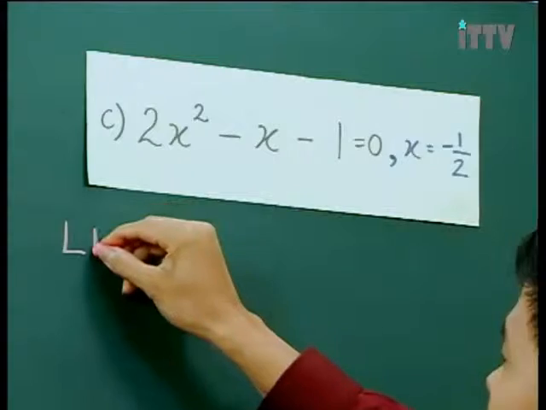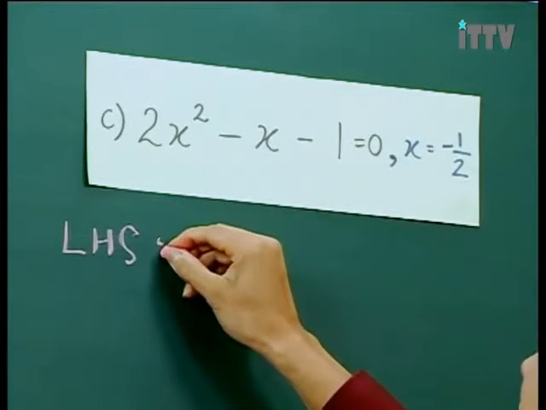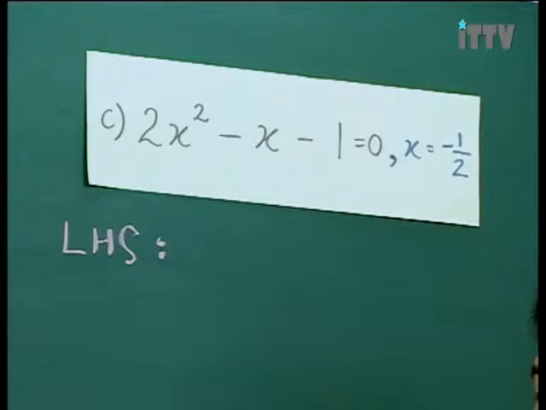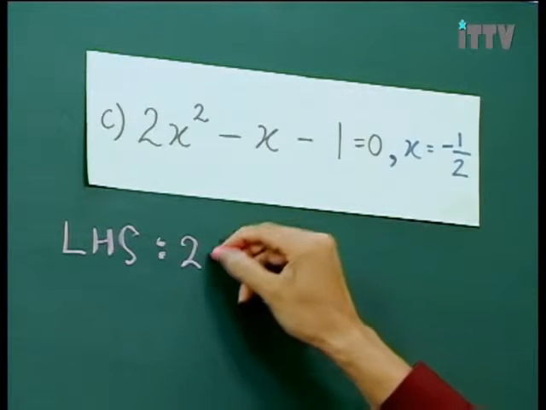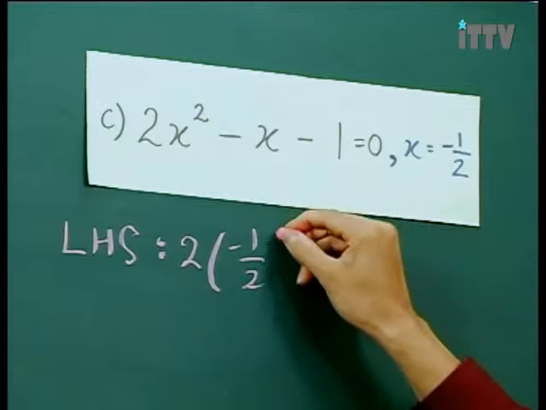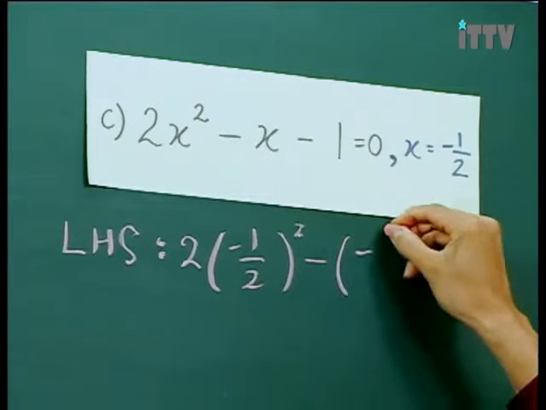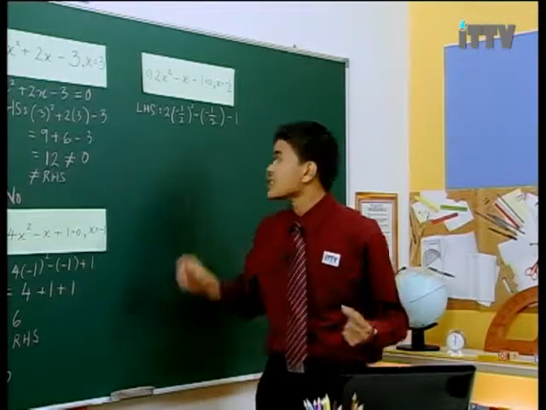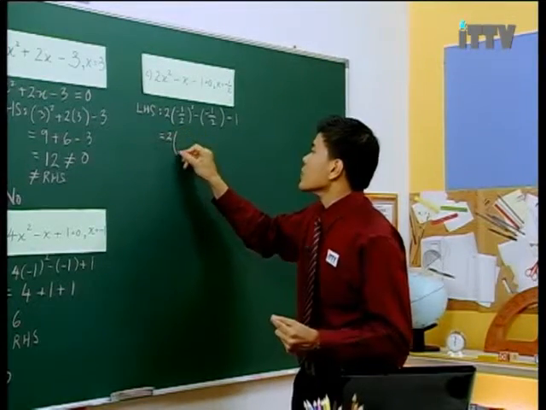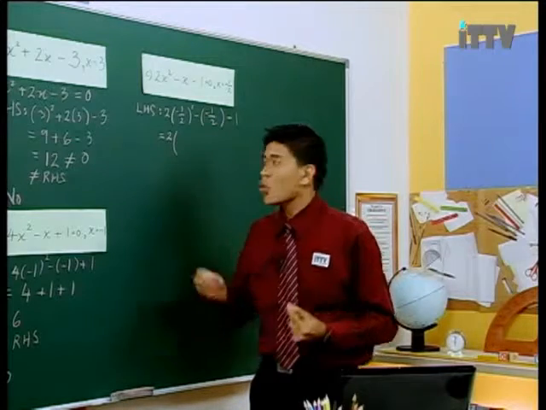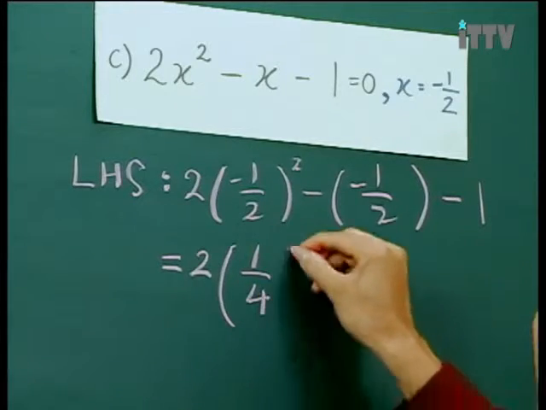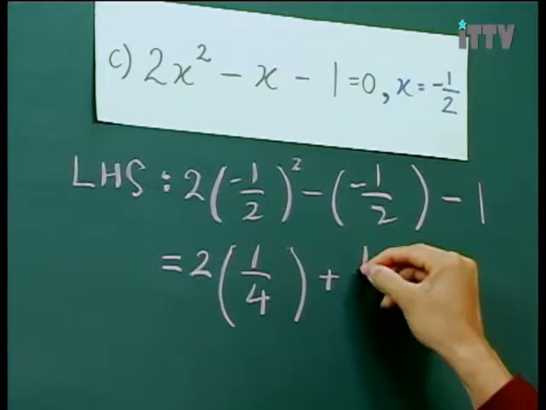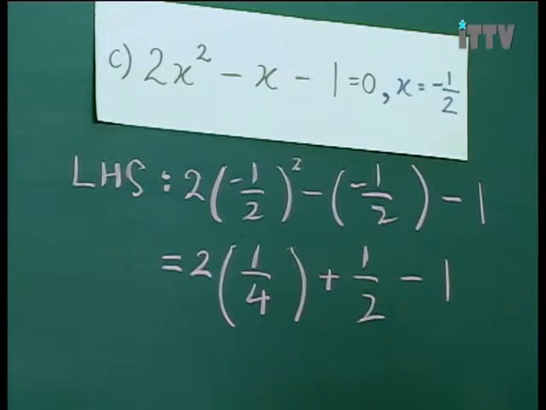So just denote left hand side as LHS and substitute the value of negative half for every x. And use your calculator, or you can just calculate it like that. So negative half squared will be a quarter, plus a half minus 1.